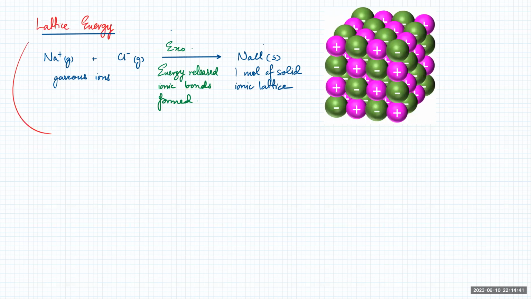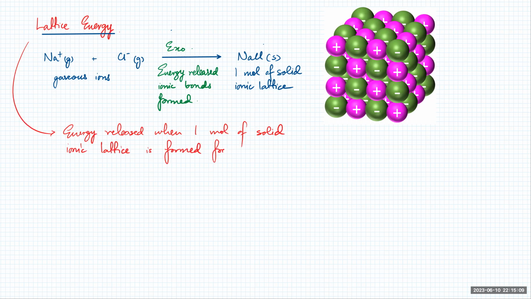So the formal definition is that it's the energy that is released when 1 mole of solid ionic lattice is formed from its constituent gaseous ions, measured under standard conditions.